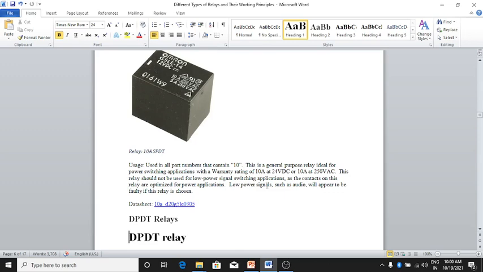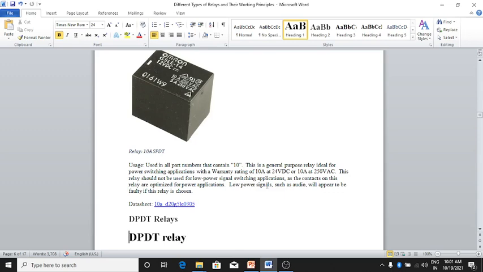This is a general purpose relay ideal for power switching. DPDT is also used for power switching, and SPDT is also used in power switching with a rating of 10 ampere at 24 volt DC or 10 ampere at 250 volt AC or DC power.